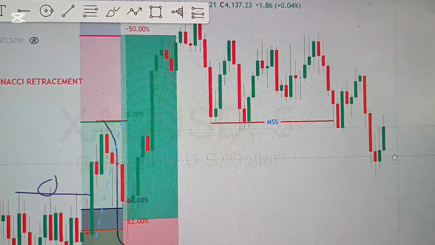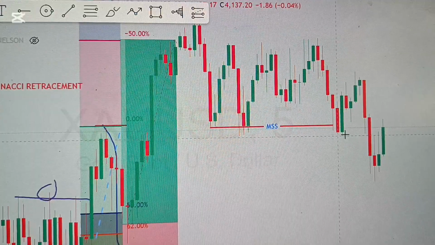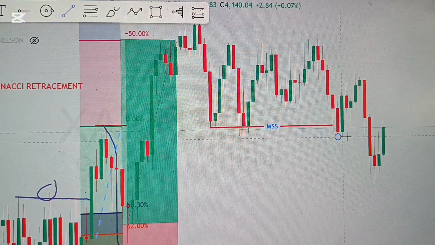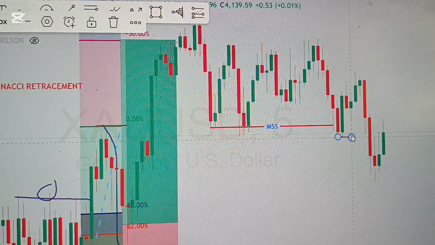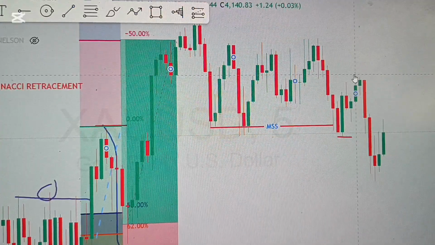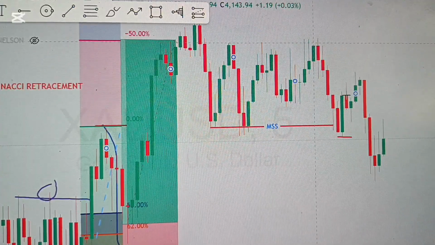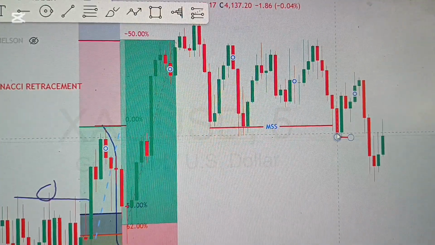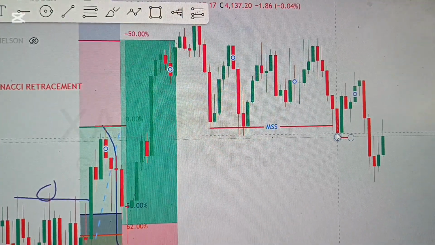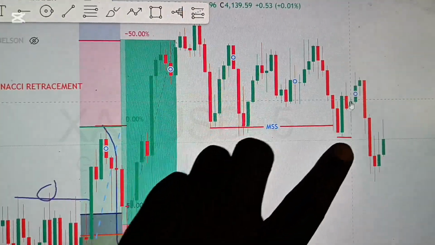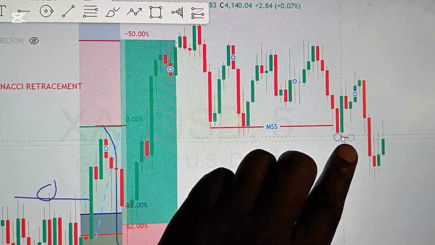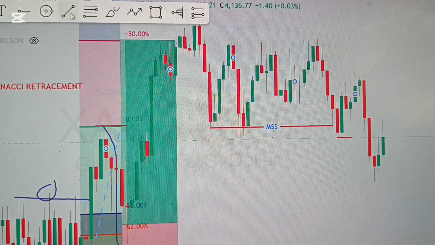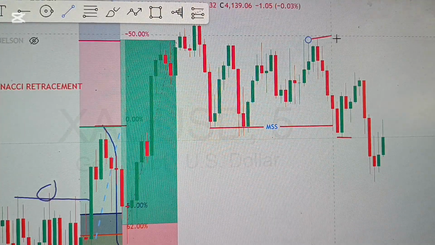So what we need to do is to mark this point, that is where the price was, and this point. These are the points we need to mark. This is where the price got to, and this is the point where the price was. So let's mark. Please don't confuse these points.